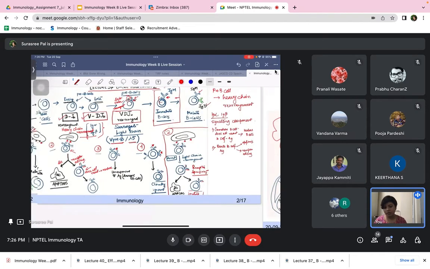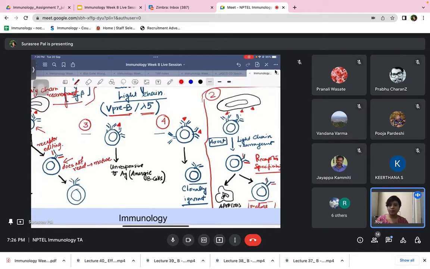Okay, coming to the third point, suppose these immature B cells interact with a soluble antigen. They can bind to a soluble antigen, and once they bind, there is a cross linking of the receptors, because of which these immature B cells become unresponsive to any antigen, and this state is called anergy.